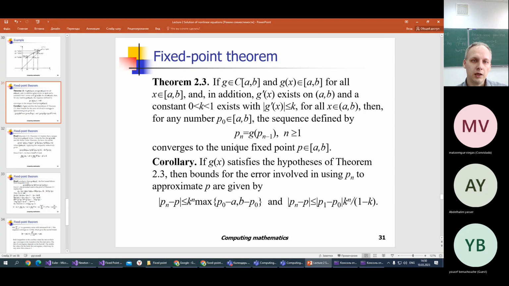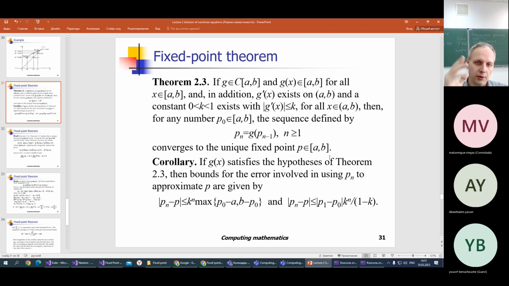The theorem: if the function g of x is continuous, and if g of x belongs to the interval from a to b for all x between a and b, and in addition g prime of x exists, and a constant k between 0 and 1 exists, such that the absolute value of g prime of x is smaller than k for all x between a and b, then for any number p0 between a and b, the sequence defined by the following formula, Pn equals g of Pn minus 1, converges to the unique fixed point P between a and b.